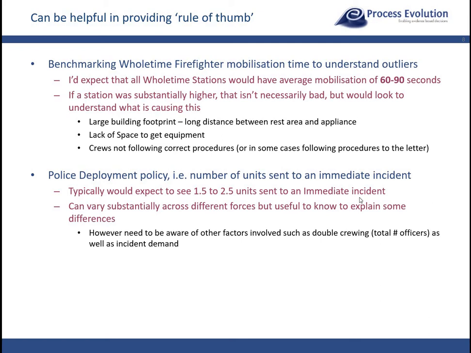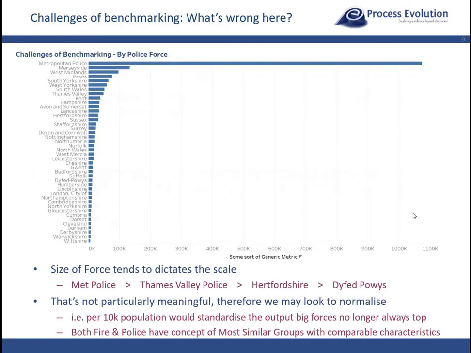One of the greatest challenges when it comes to benchmarking is choosing metrics. Choosing metrics that are fair and give useful comparisons. The graph shown below on the slide could be any generic volume-based metric. In many respects, the metric doesn't matter. The Met at the top there is such a large force that it dwarfs all the other forces, making comparisons incredibly tricky.